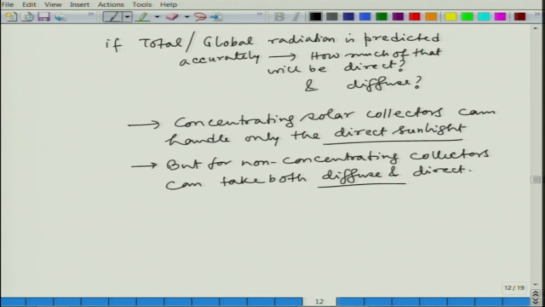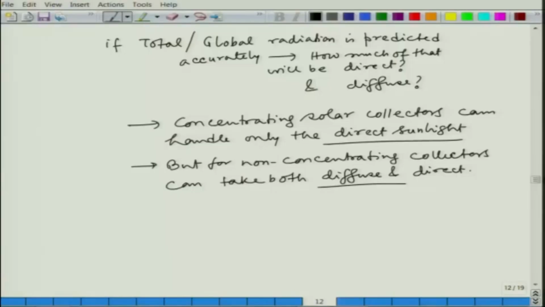For the inside lighting of a building, if you want to use solar energy, often we use only the diffuse part, not the direct part. So, for that also we need to have some idea whether it is diffuse or direct.